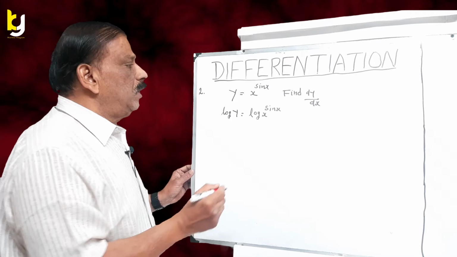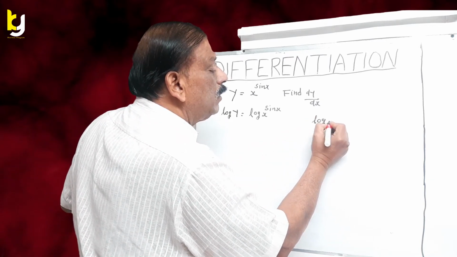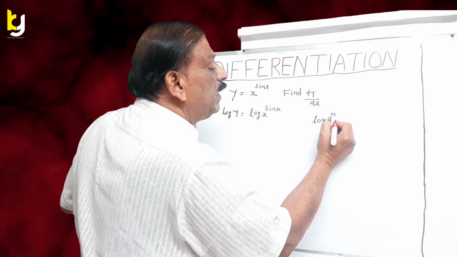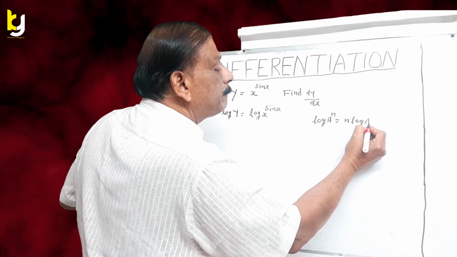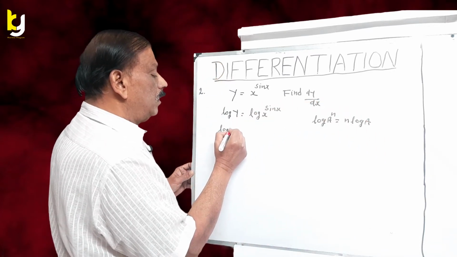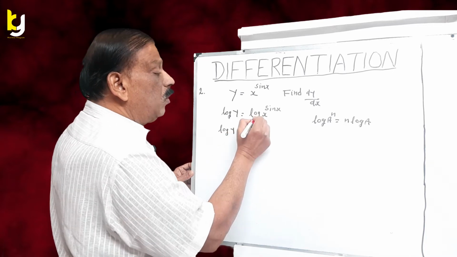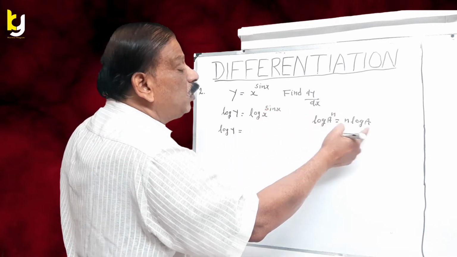We know log a raised to n equal to n log a. Therefore, this is equal to log y equals log x raised to sin x, and log a raised to n equal to n log a.